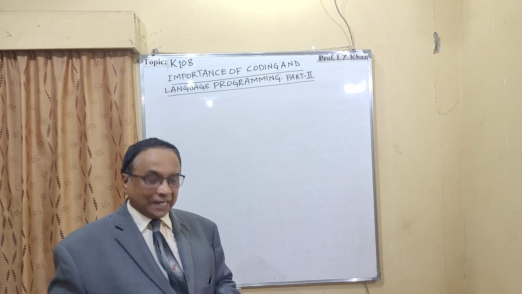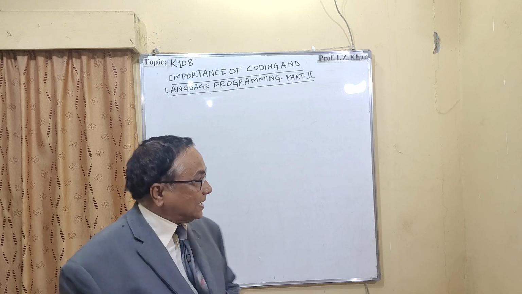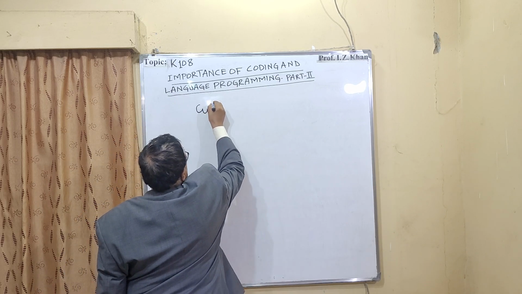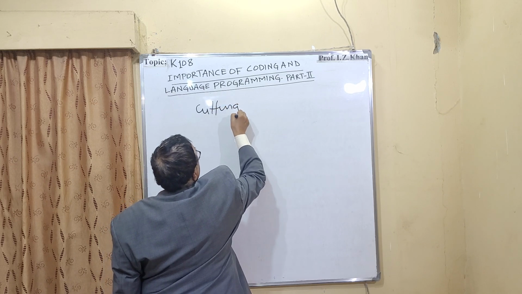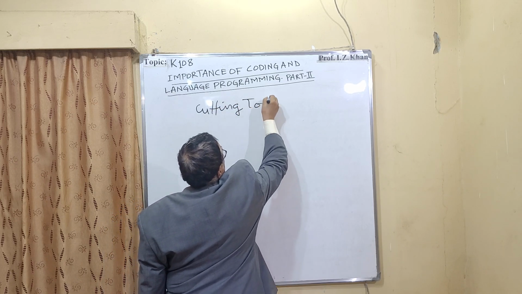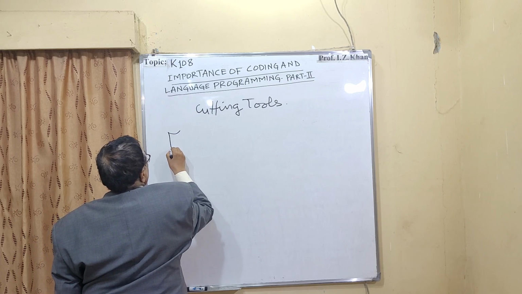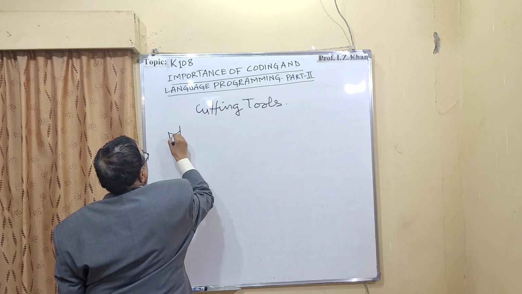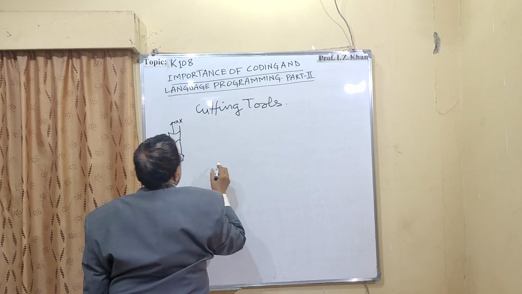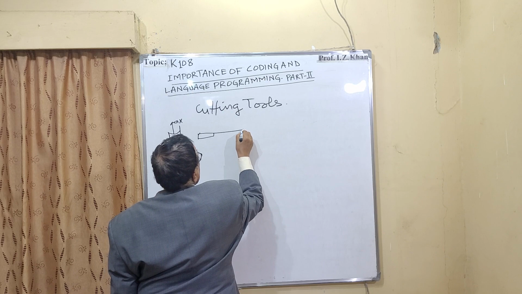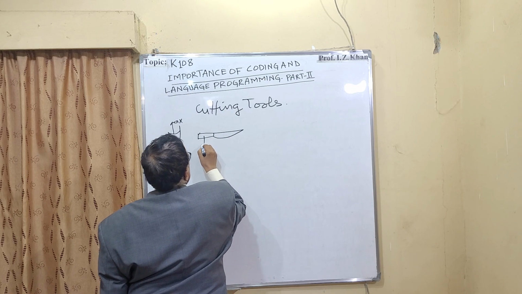I call it different types of language tools. So here I am going to use cutting tools. First we have one axe. Second is a knife.